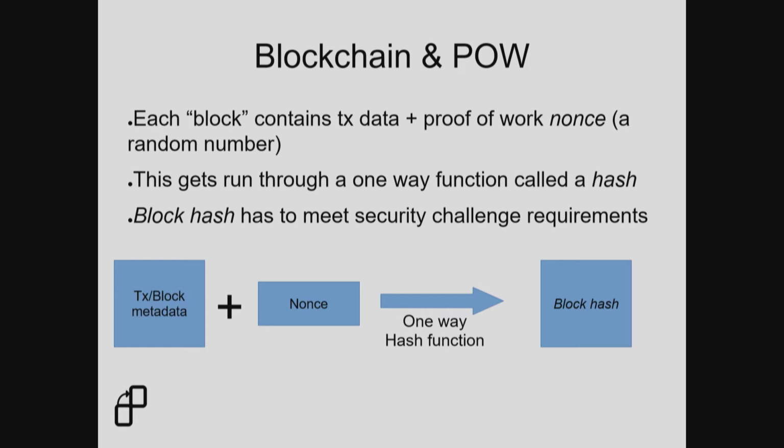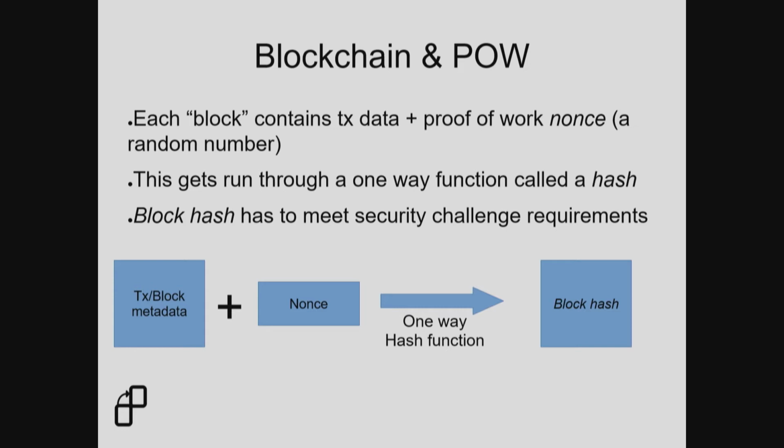So each Bitcoin block contains transaction data and metadata and what's called a proof of work nonce, which is essentially a random number. This gets run through a one-way function called a cryptographic hash function. So when you run some data through a hash function, it's only one way. You get a hash value, an output of that function on the other end, and you can't go backwards to the original data.